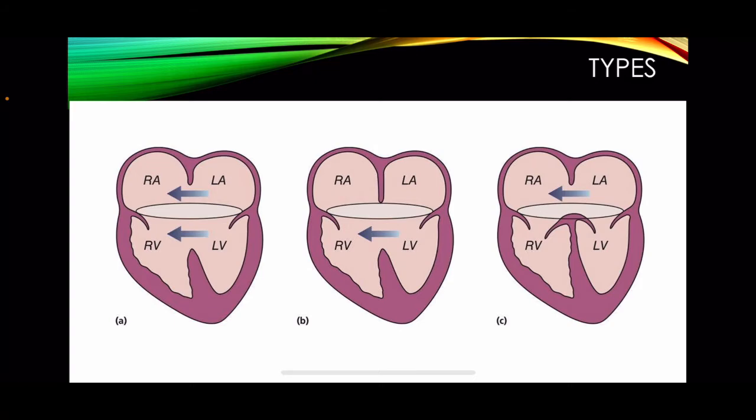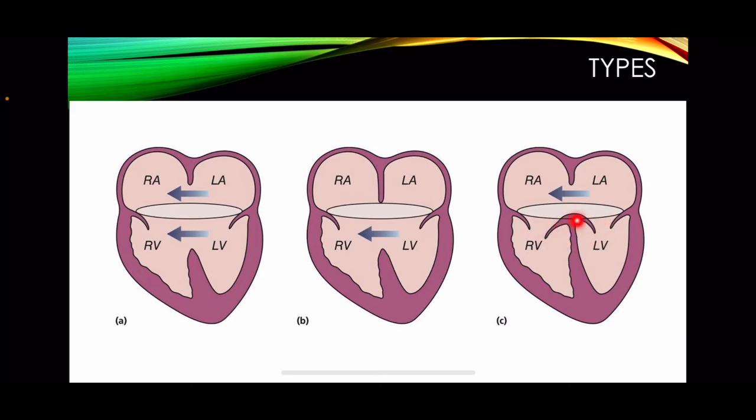For the partial AV canal, for some reason, the defect in the ventricular septum is closed. So in this situation we have a primum atrial septal defect, with a communication here, but we don't have a communication between the left ventricle and the right ventricle.